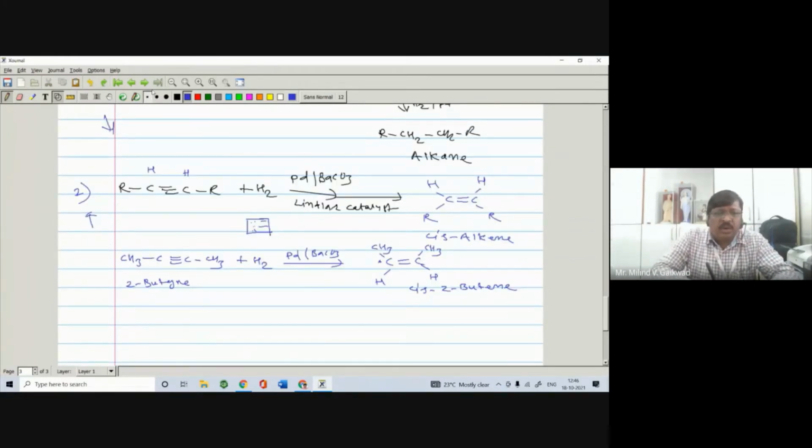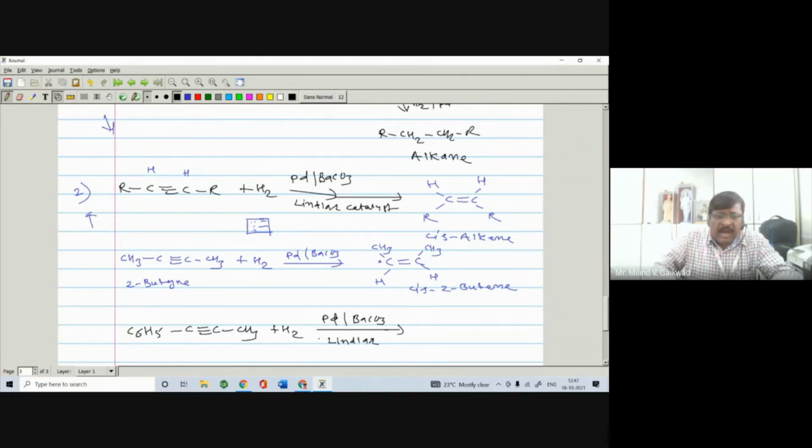We can also write another example. Suppose R is C6H5, here is a carbon-carbon triple bond, and here is a CH3. It undergoes hydrogenation in the presence of palladium and barium carbonate. This catalyst is called a Lindlar catalyst.